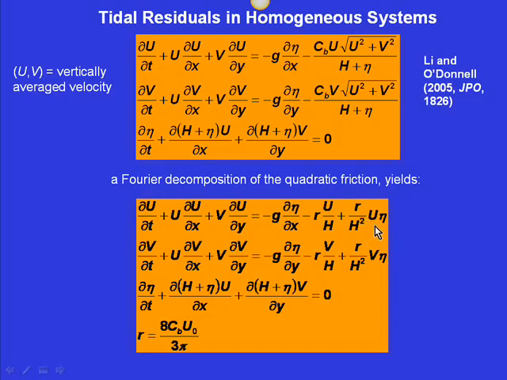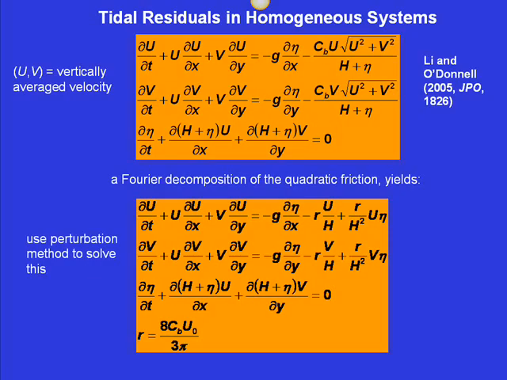Remember, this relationship will be different whether the tide is progressive or if it's standing. If it's standing, U and eta will be 90 degrees out of phase, and if it's progressive, U and eta will be in phase. Remember that? That applies to wind waves also. So you've seen and heard about this, I think, probably several dozen times by now, in different classes.